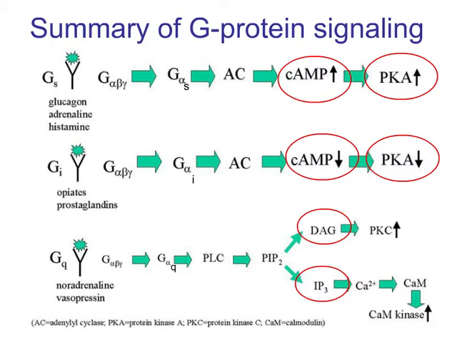IP3 diffuses in the cytosol to bind to IP3 gated calcium channels on calcium storage vesicles, inducing the release of calcium into the cytosol. Calcium and diacylglycerol together fully activate protein kinase C, which will phosphorylate proteins to induce cellular response.